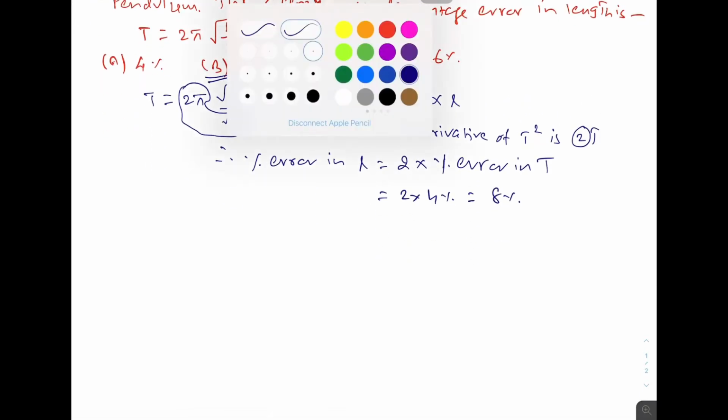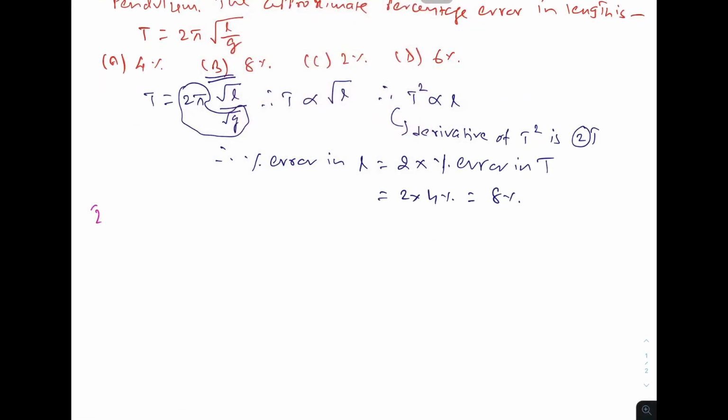Next let us take approximate value of 31 power 1 by 5 is blank.